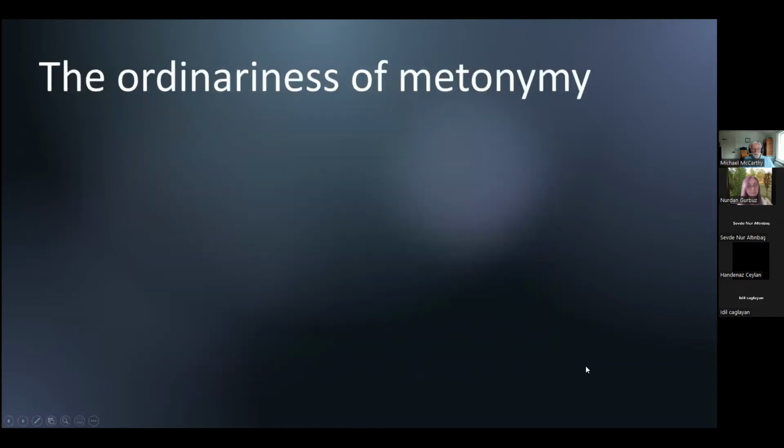So let's move on. The point I want to make here is that metonymy is very ordinary. It is not something that only exists in high literature. In fact, the most common examples of metonymy are in our ordinary everyday lives.